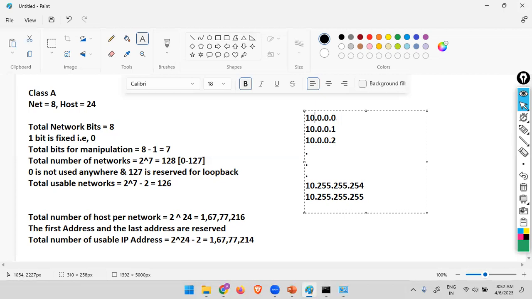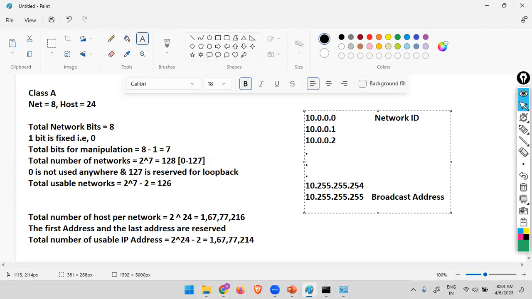Okay, so the first IP, it is reserved for the network ID, correct? So I can say this is my network ID. If I'm using any IP between this range, then I'll say to which network I belong. What is my network ID? 10.0.0.0. I belong to this network. Okay, and what is my broadcast address? This is my broadcast address. Correct.